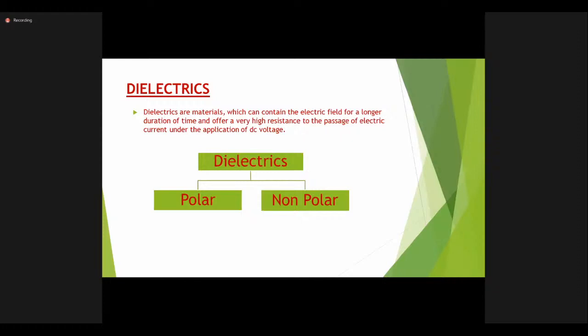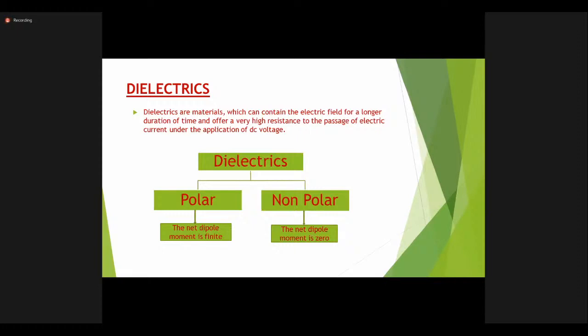Dielectrics are classified into two categories, polar dielectrics and non-polar dielectrics. To put it in a simpler way, polar dielectrics are those which have some finite value of dipole moment. That means dipoles are present in the material. Non-polar dielectrics are those which do not have any dipoles, meaning the resultant dipole moment is zero.